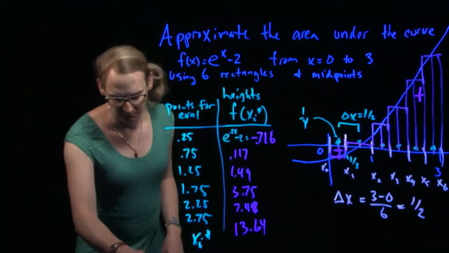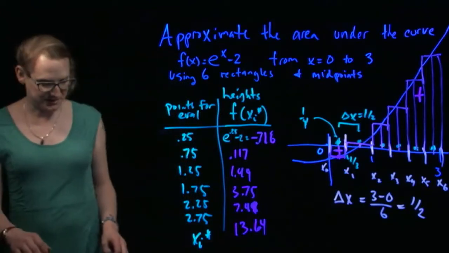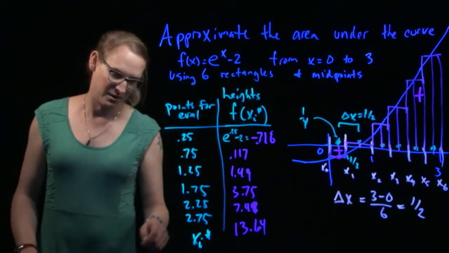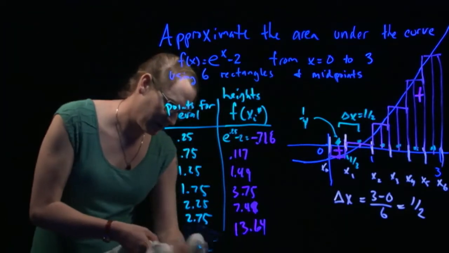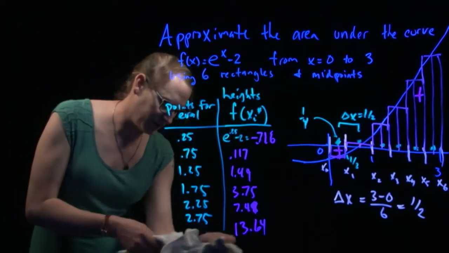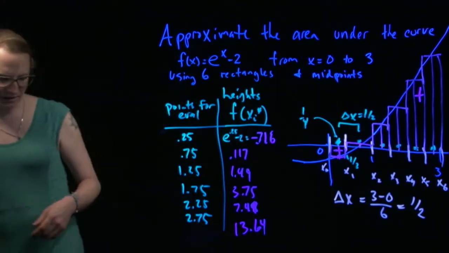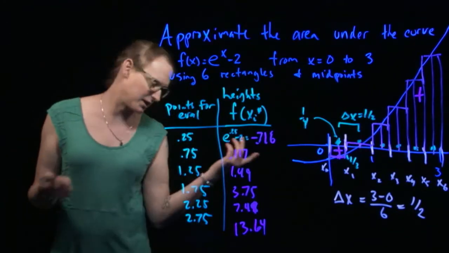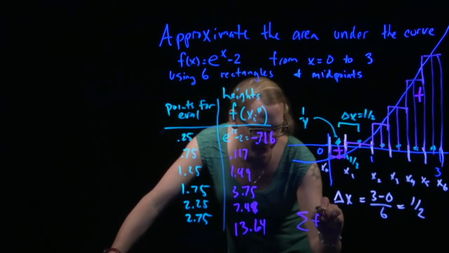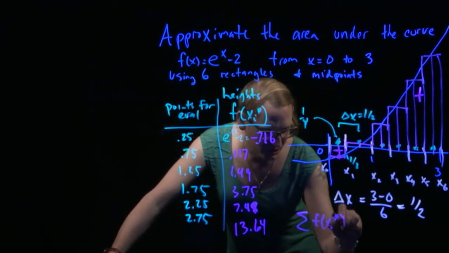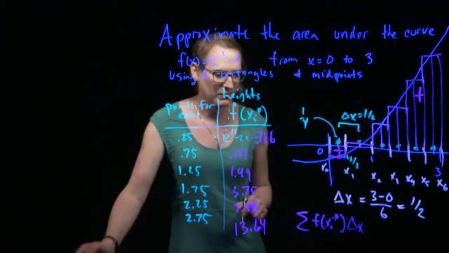So I'm going to compute the sum of the areas. I'll write a thing down, and then I'm going to take a shortcut. So the sum of f at x sub i star times delta x.